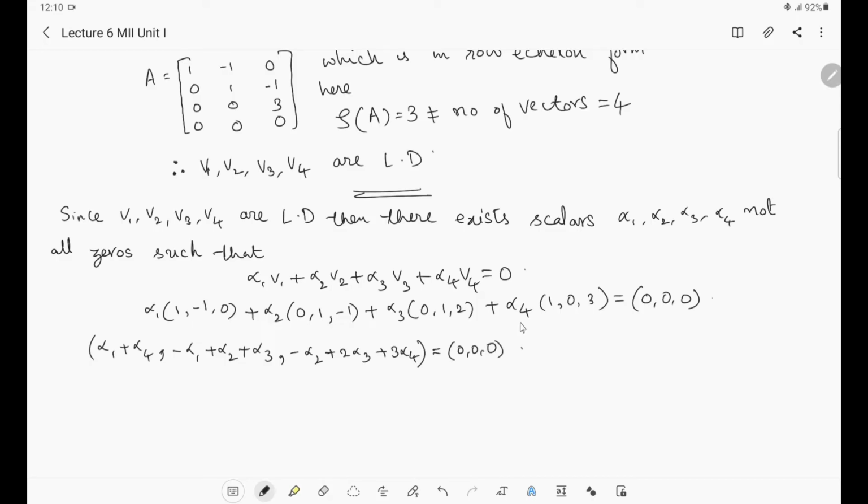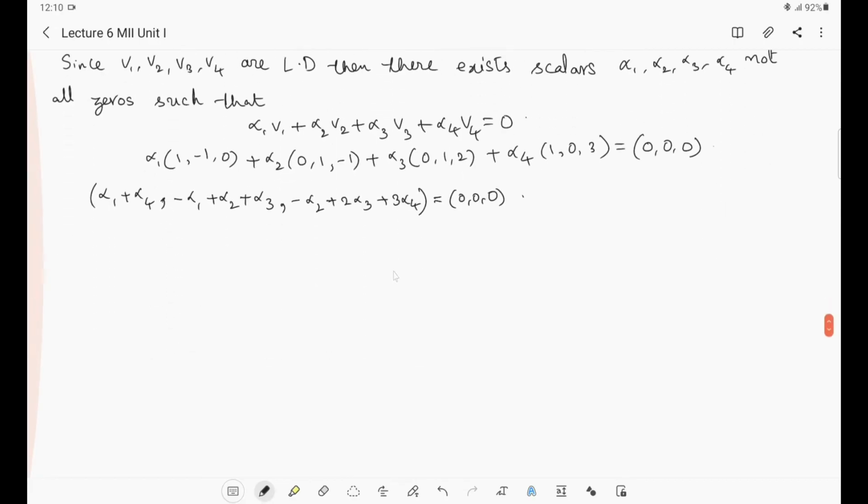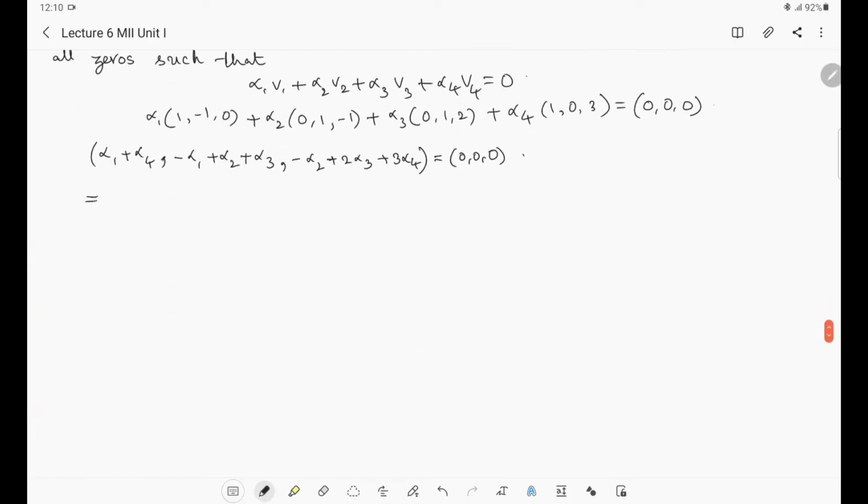What we are going to do now is find the relation between these vectors v1, v2, v3, v4. Relation means if we find the values of alpha 1, alpha 2, alpha 3, alpha 4, then we will get the relation between v1, v2, v3, v4, right? Our target is to find these scalars. For that we have to solve these equations. From this we get 3 different equations.